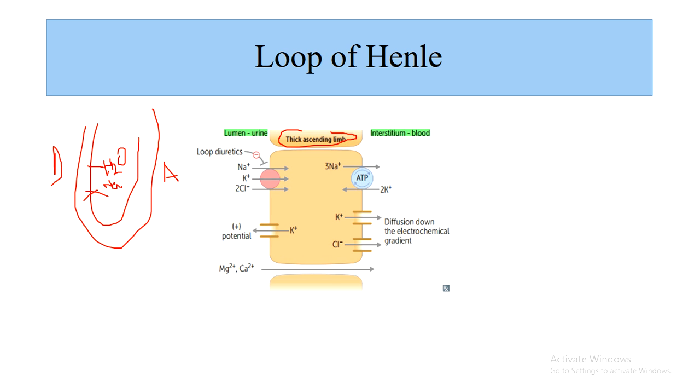Then on the thick ascending part, water is not reabsorbed, but sodium comes out from the urine. So at the point of the loop of Henle, we keep reabsorbing sodium, potassium, and chloride from the urine.